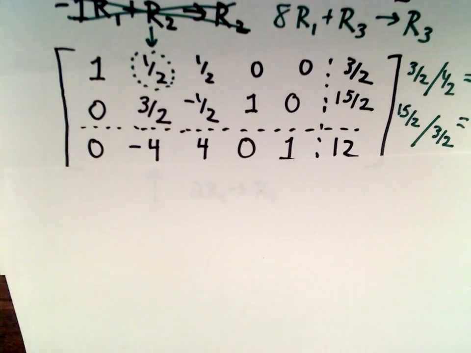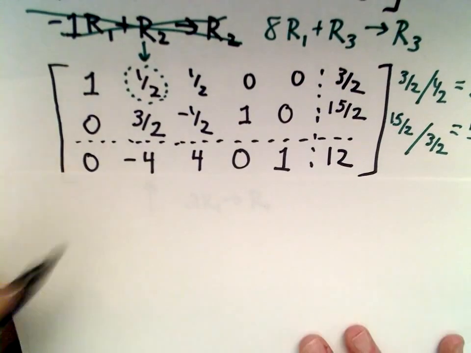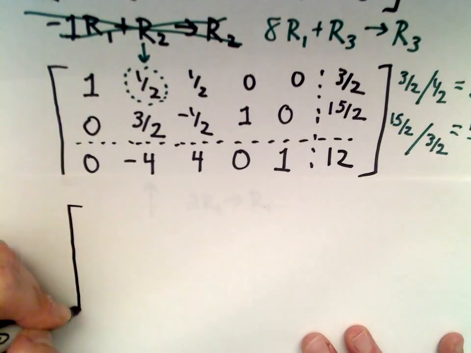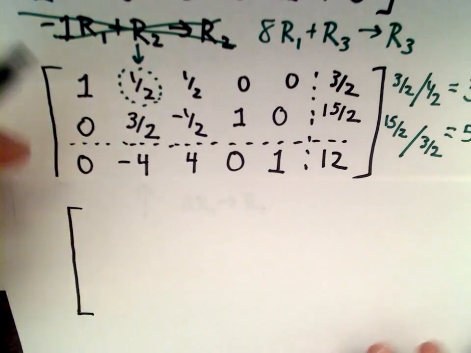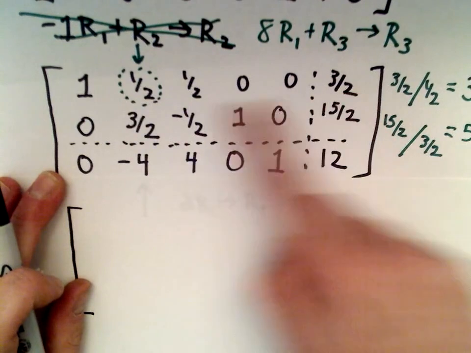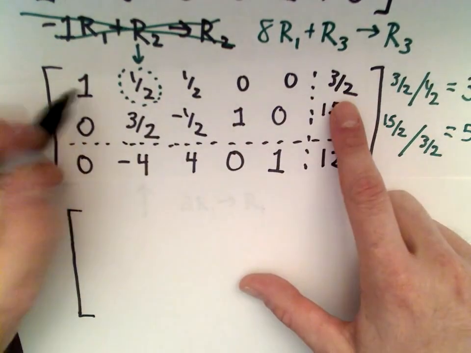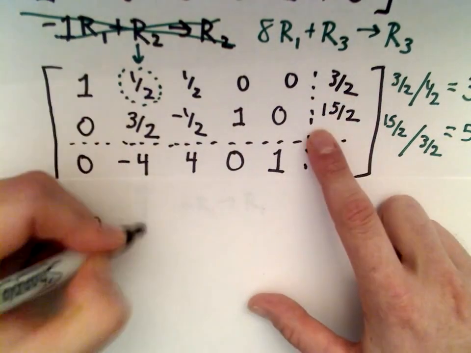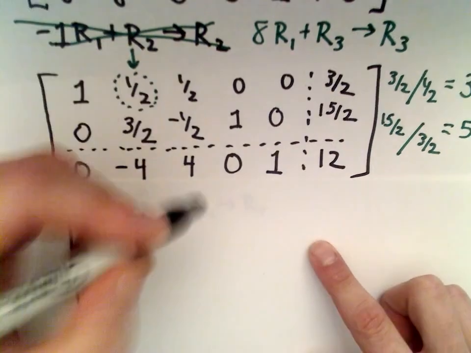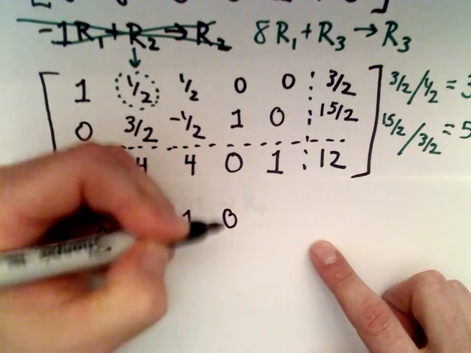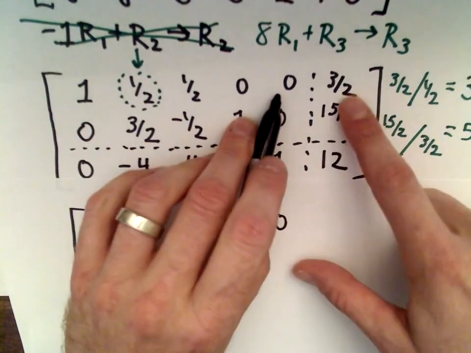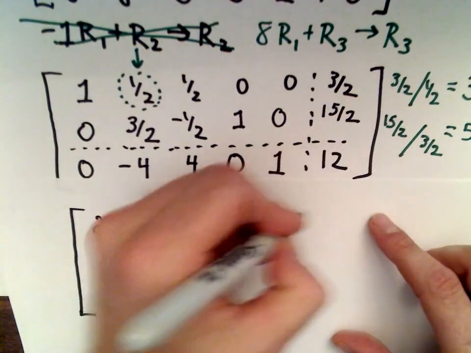The only thing that's difficult is not making a little arithmetic mistake. So we're multiplying everything in the first row by 2. 2 times 1 will be 2, 2 times 1/2 will be 1, 2 times 1/2 will be 1, 2 times 0 is 0, 2 times 0 is 0, 2 times 3/2 is going to give us 3.